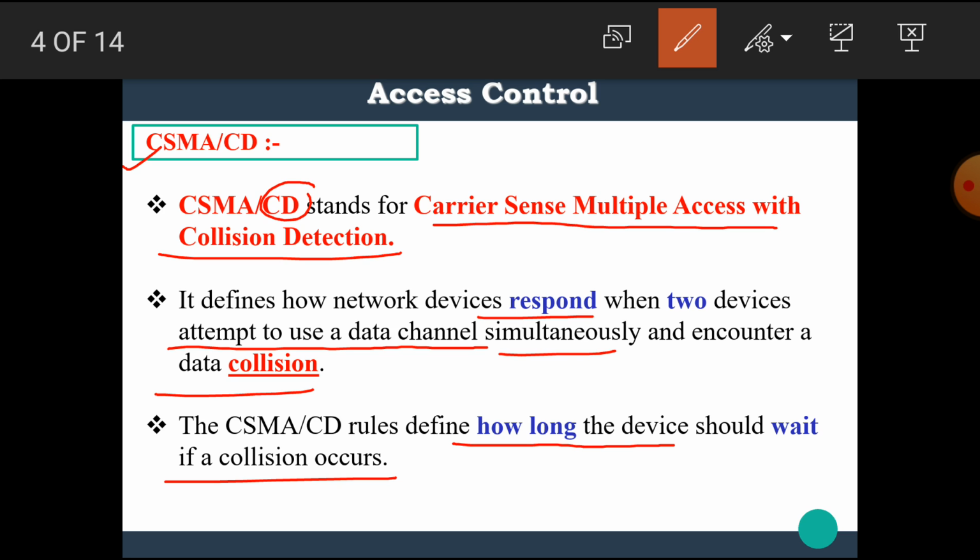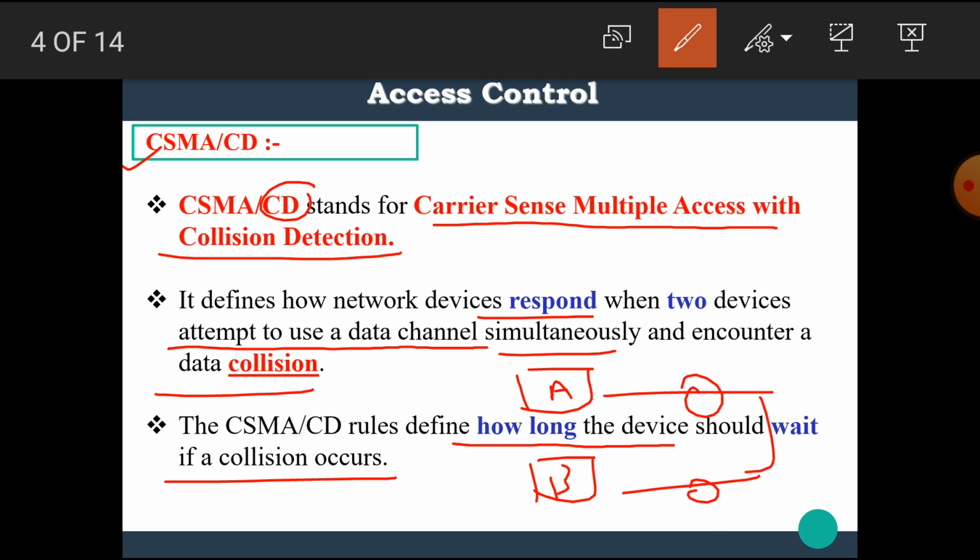That means a CSMA-CD network is used when two stations, suppose station A and station B, find a data collision between them.